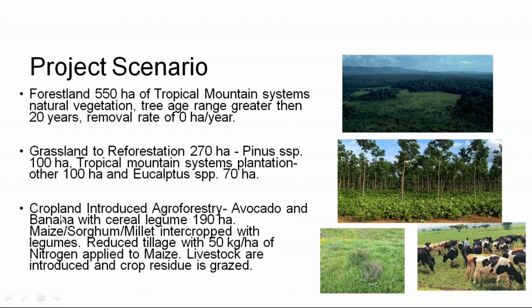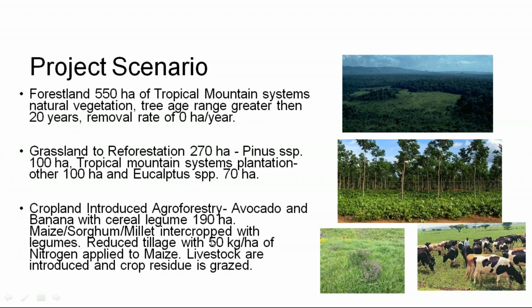For our polygon which we want to reforest, we're going to add pine, we're going to add some native vegetation, and we're going to add some eucalyptus. So we have these 3 different mixes of different plantation species.